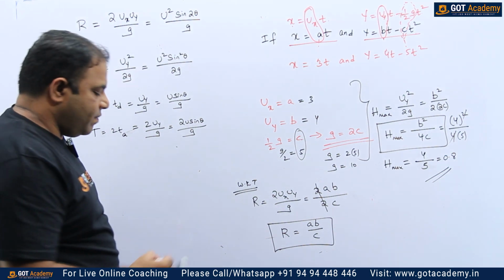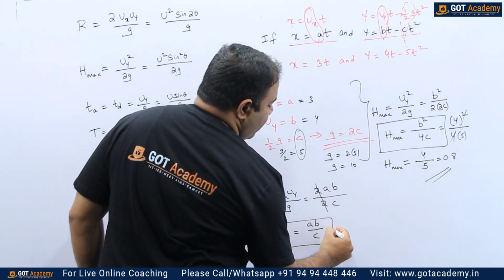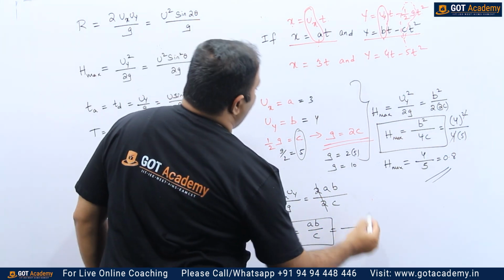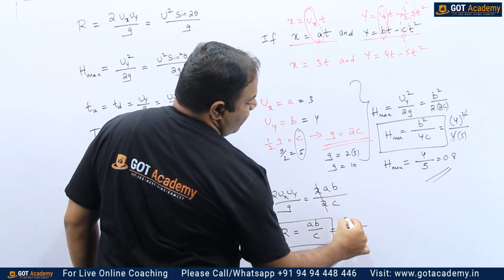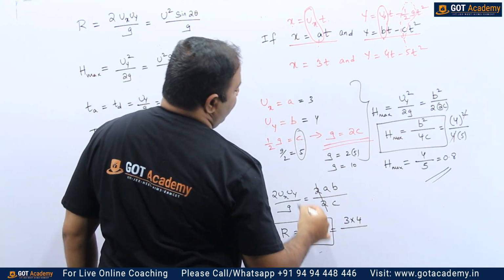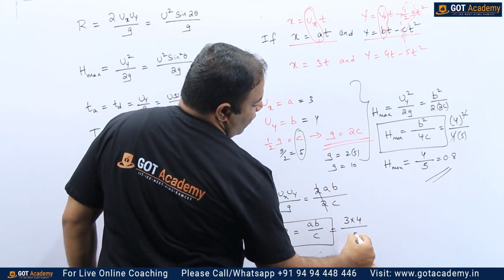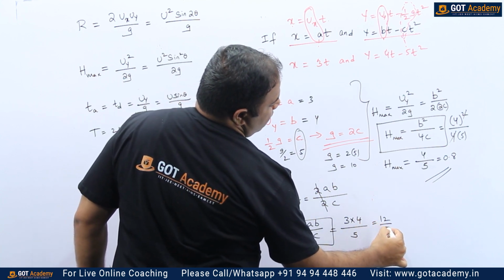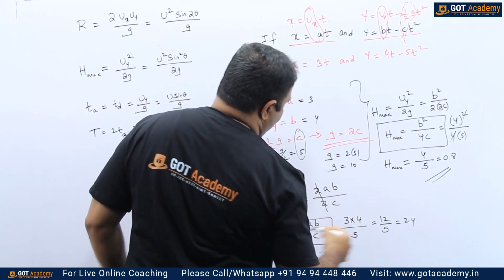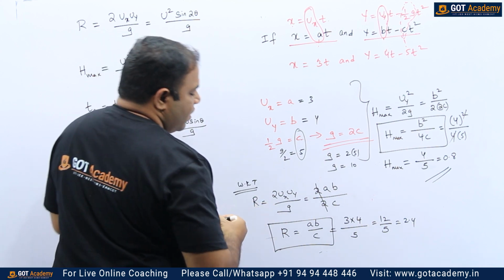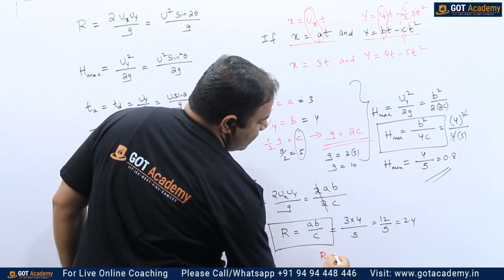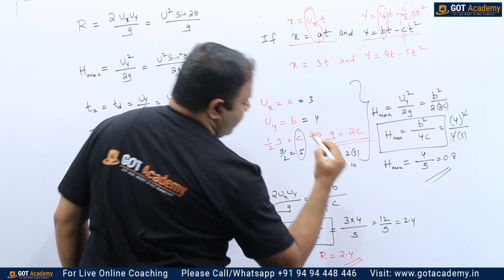Here a is equal to 3, b is equal to 4, c equal to 5, so 12 by 5, which is equal to 2.4. So the range R is equal to 2.4.